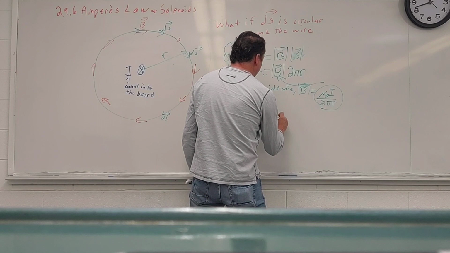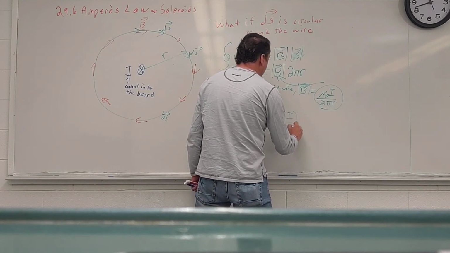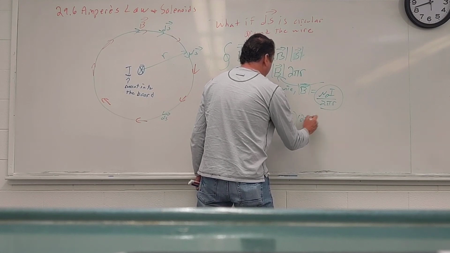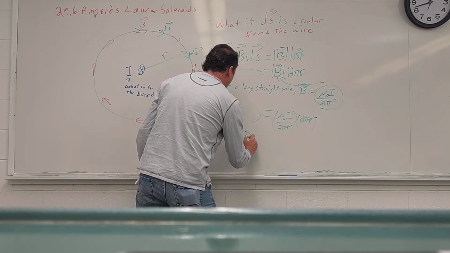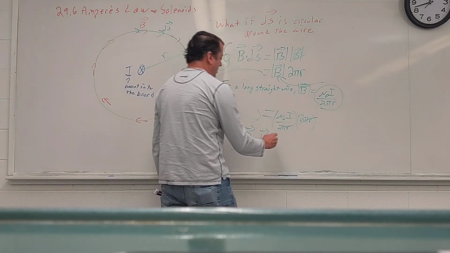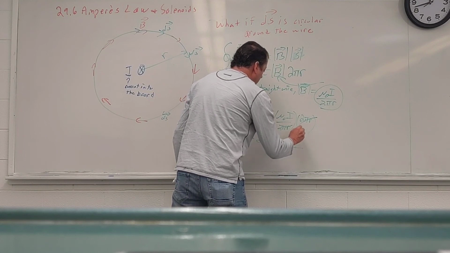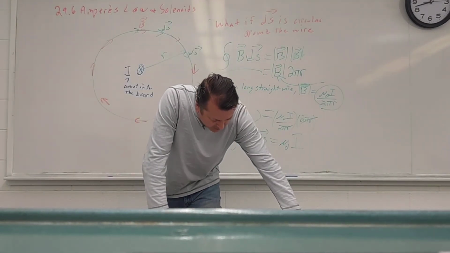If we do that, mu naught I over 2 pi r times 2 pi r cancels, so we end up getting that the integral of B dot ds for this long straight wire is equal to mu naught I.